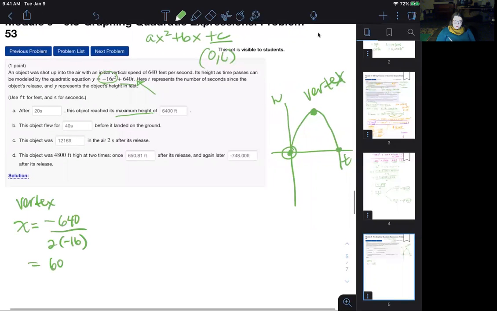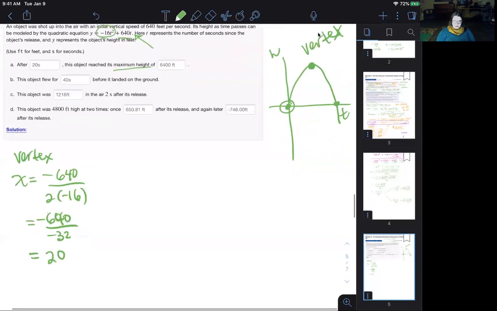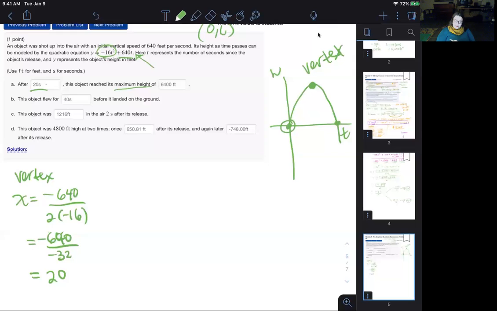So we have negative 640 over negative 32. And so that means x is equal to, 32 goes into 640, what is that, 20. Yes, so that's right. So that is 20 seconds.